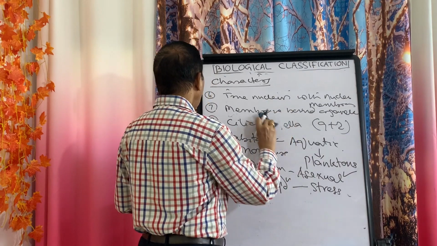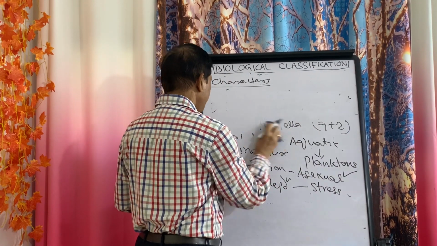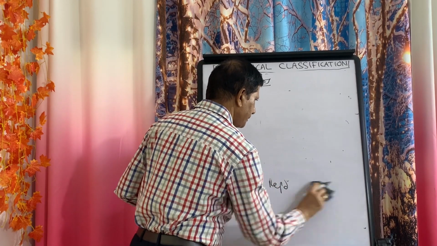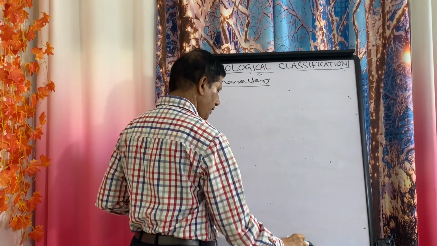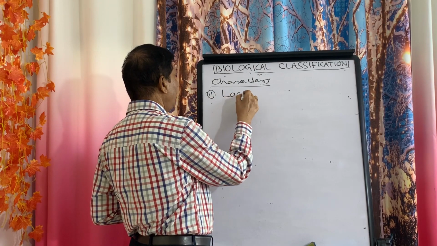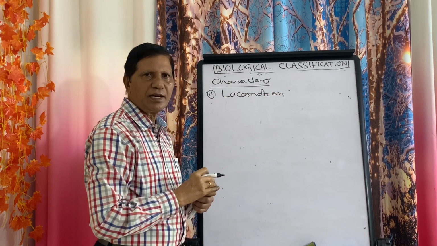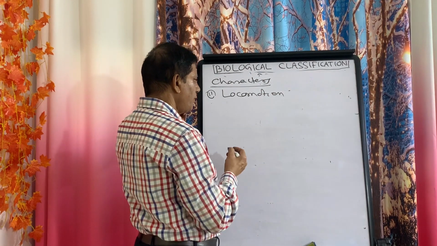Then the next point we'll discuss is the locomotion of the protists. As already discussed, they may have cilia or flagella with 9+2 arrangement, but there are also some other structures for locomotion.